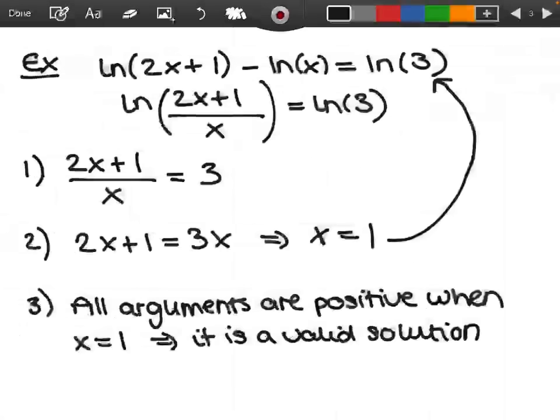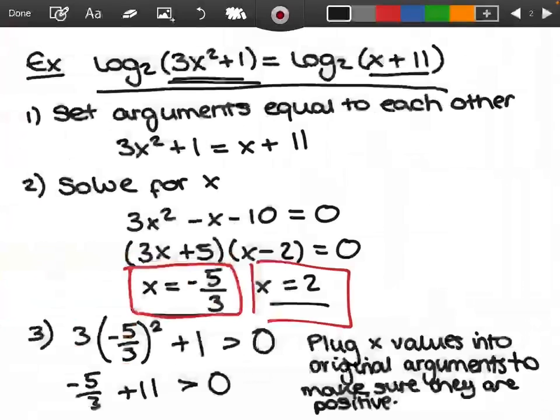That's pretty much what I said we were doing back here with our type 1 equations. By setting those arguments equal to one another, the reason that I could do that was I was basically inverting my log by raising both sides as a power of my base 2.